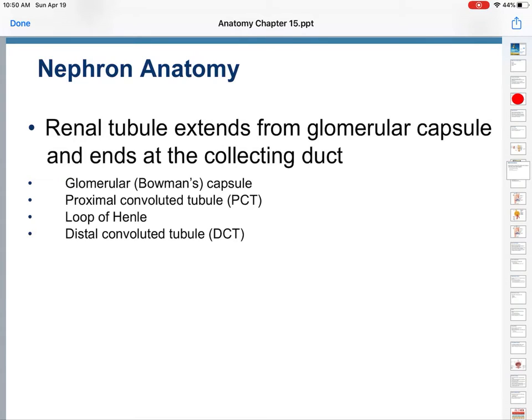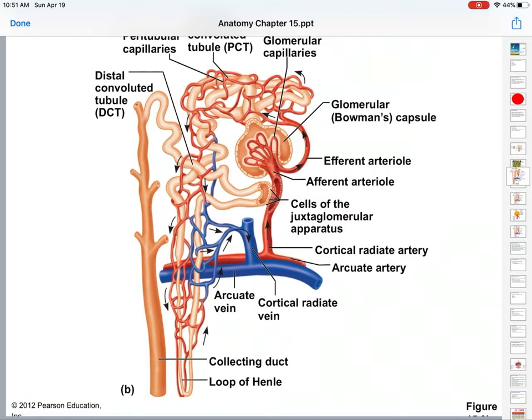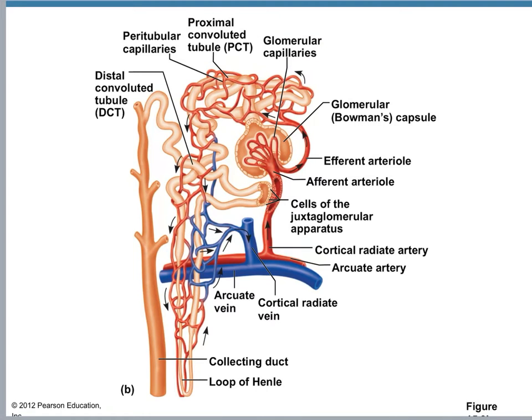And it is a very long tube that allows for more filtration. As you can see, you have your little garlic thing here in the center, the Bowman's capsule, but then you have this really long convoluted tube that you have a bunch of capillaries wrapping around and continuing filtration till it ends on the left side at the collecting duct.